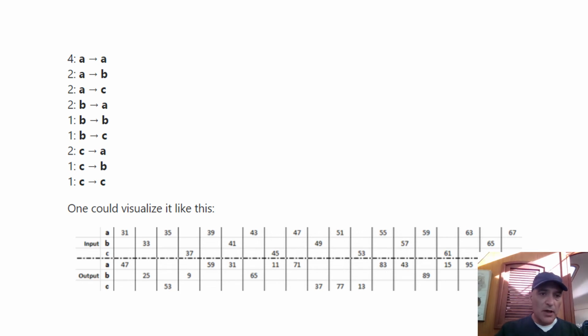And the ratios are as shown above, where the most common case is A to A, and then you have cases, this is the 16-unit cycle, so A to A is a quarter of them, and then A to B is 1/8, A to C is 1/8, B to A is 1/8, C to A is 1/8, and the remaining quarter are B to B, B to C, C to B, and C to C. These never change.